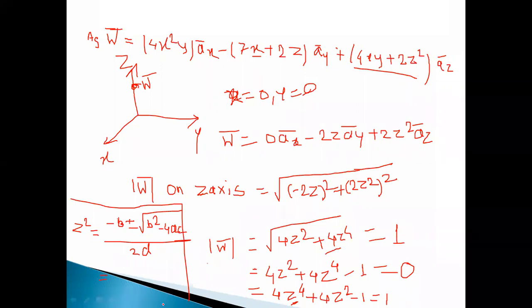From that you can find z. The question asks at what points on the z axis the magnitude of the vector field is unity. First find z squared and then z, which will be plus and minus, meaning on the positive z axis and on the negative z axis. At these points the magnitude of w bar will be 1. In this way you can find the answer.